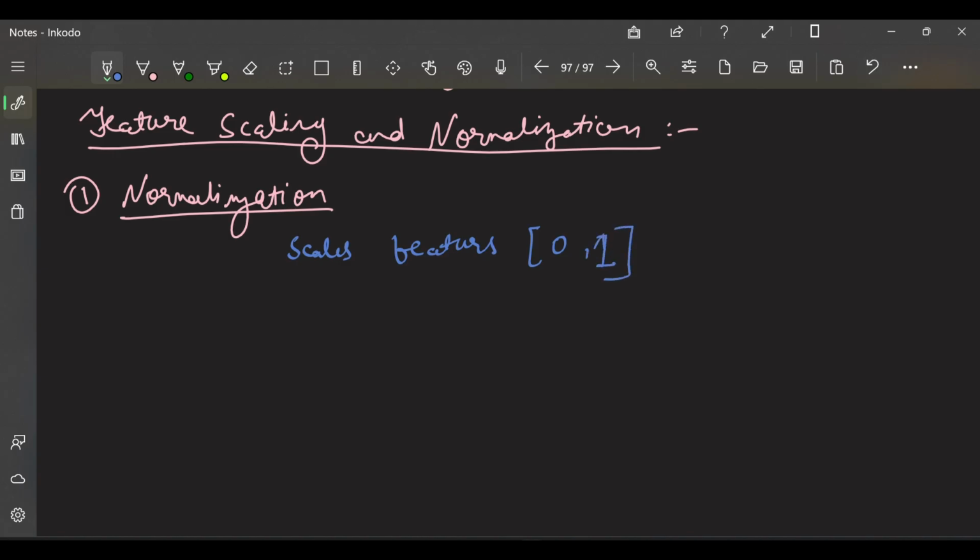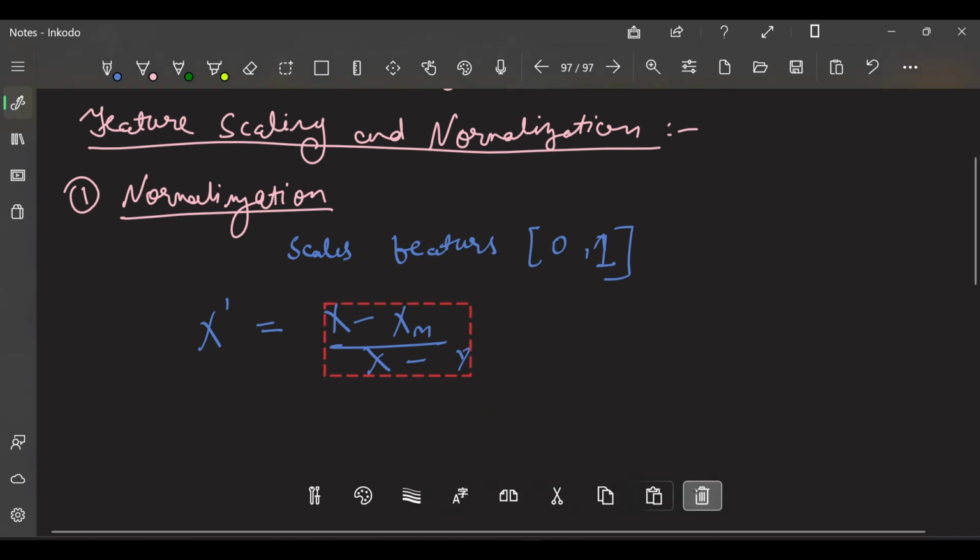The formula for this is x' equal to x minus mu divided by... wait, sorry, the formula is a little bit wrong.